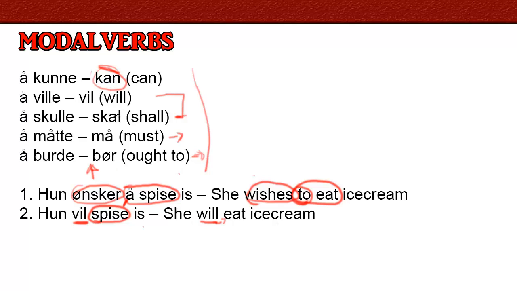With two verbs after each other, the first could be in present tense or past tense or whatever, and the second one will be in the infinitive, usually with å. In modal verb phrases, you will use the infinitive without the å, or without to, as in English.